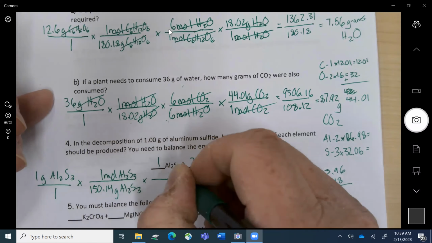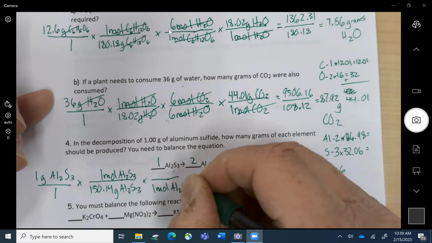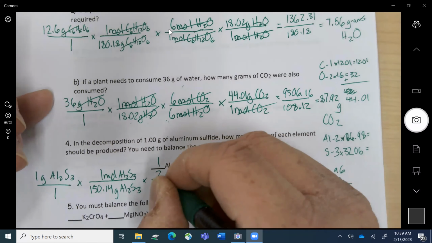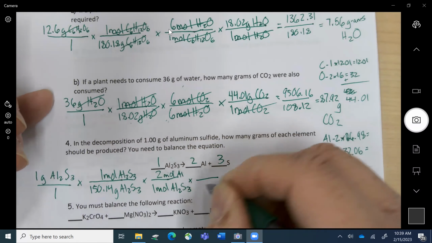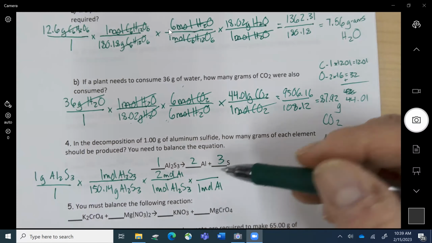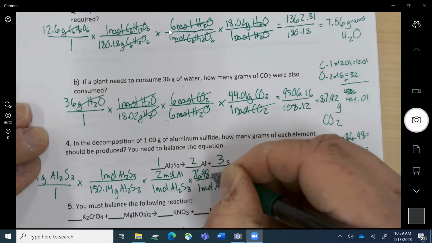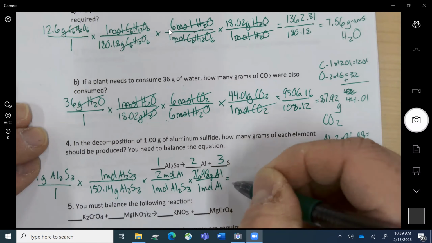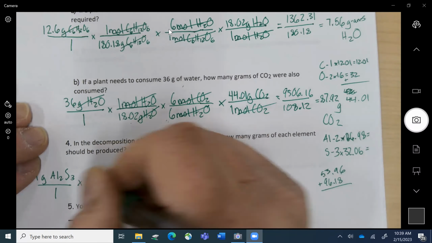Now I use my mole ratio, so 1 mole Al2S3 to 2 moles of aluminum. This one's easy because this one comes right off the periodic table. I don't have to add it. There's nothing else attached to it. So this one's 26.98 grams of aluminum. Cancel, cancel, cancel, cancel, cancel.